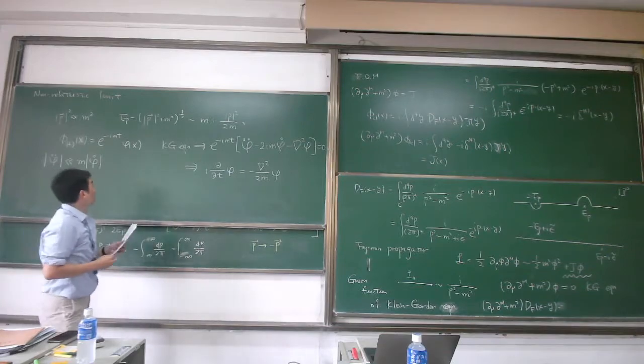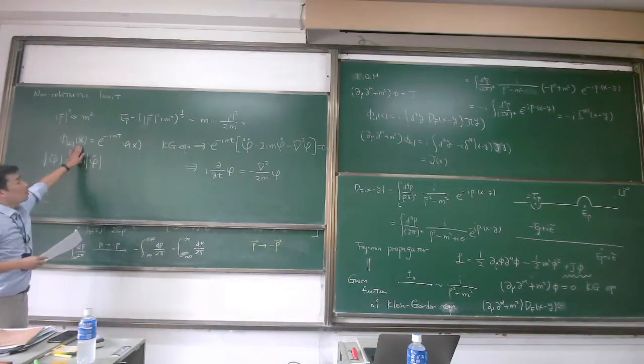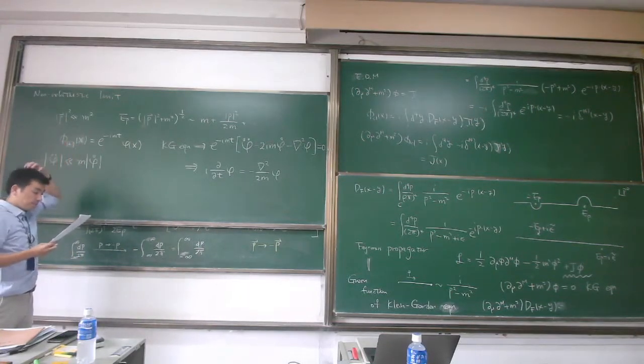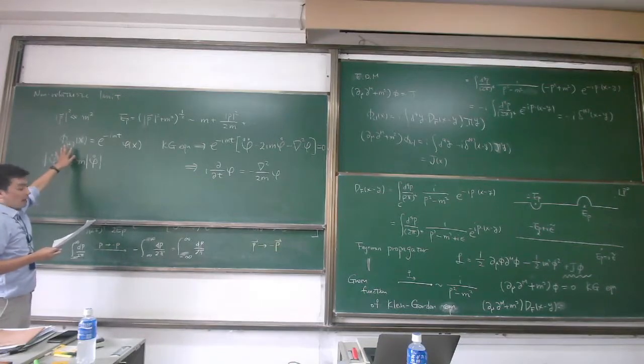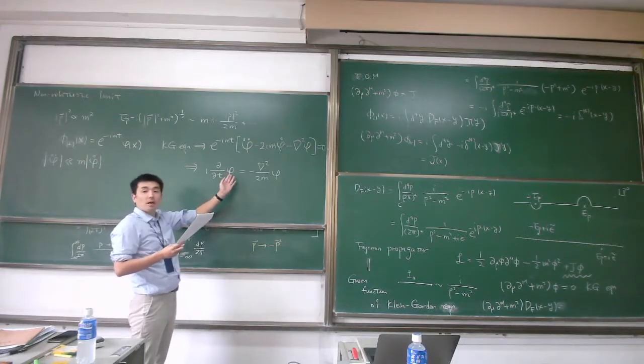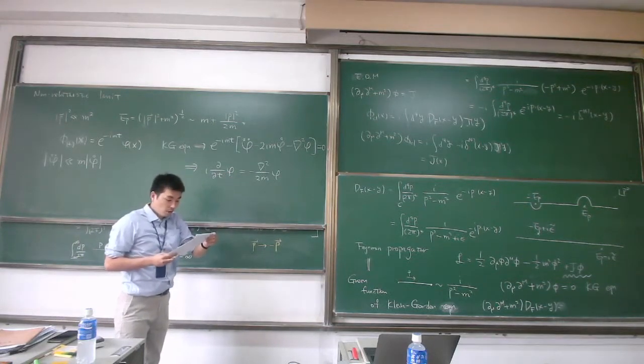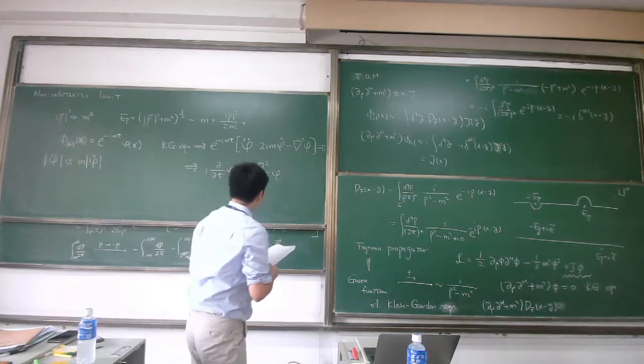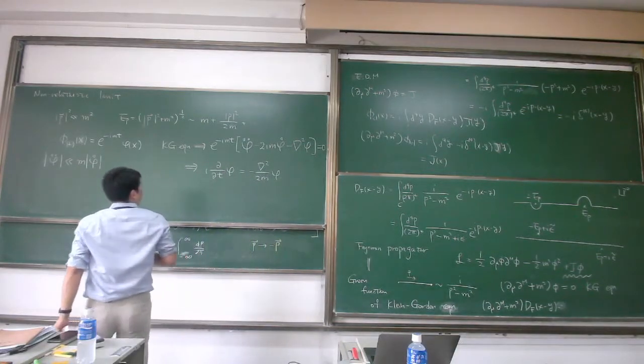And so this component of phi should also be treated as an operator. Therefore, it's not a wave function. Okay? So we want to connect it to a wave function in the following way.